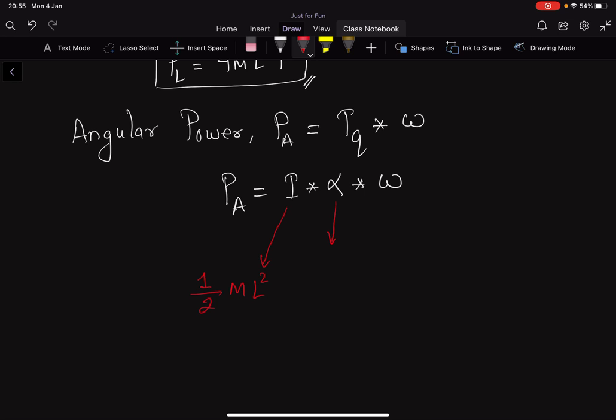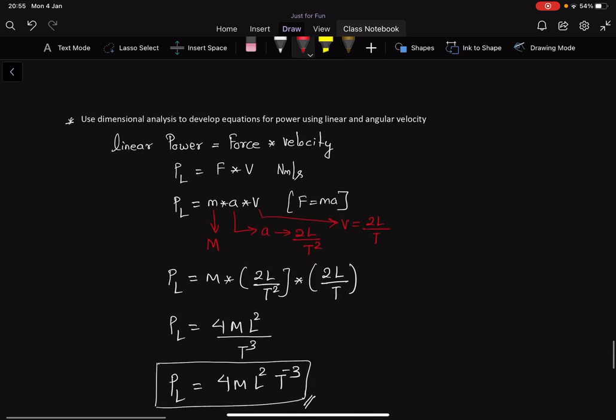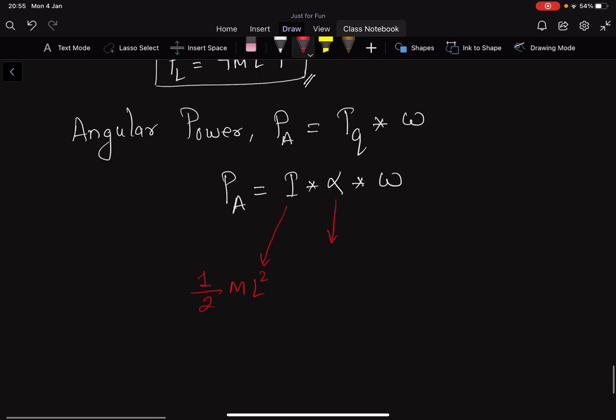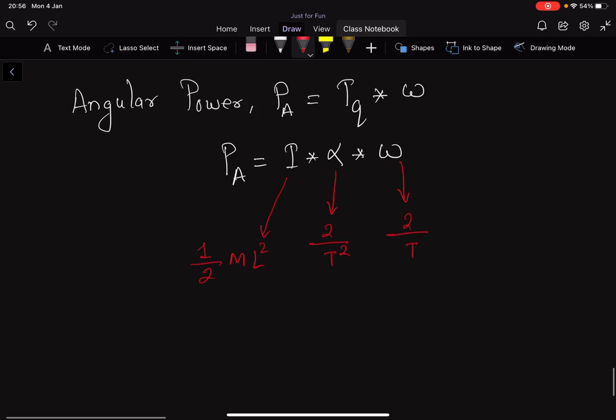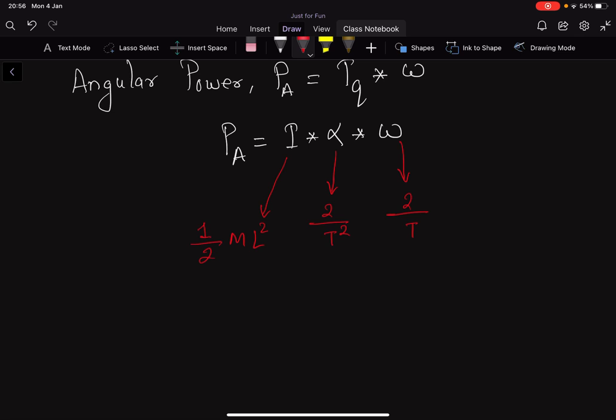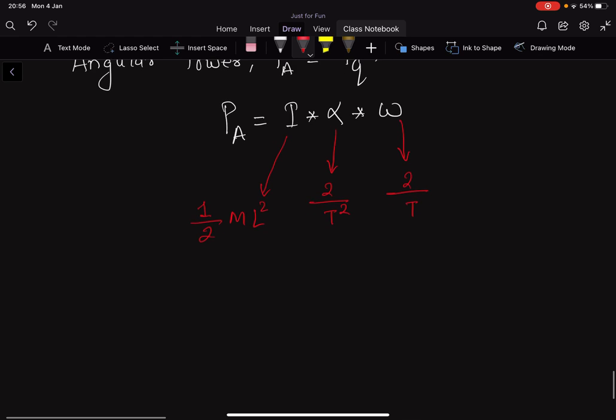Similarly, if you go back to the top, you can see alpha is nothing but 1 divided by t square, and omega is basically 1 divided by t. So after getting all the information we needed in fundamental dimensions, let's use it and get our PA as a formula.